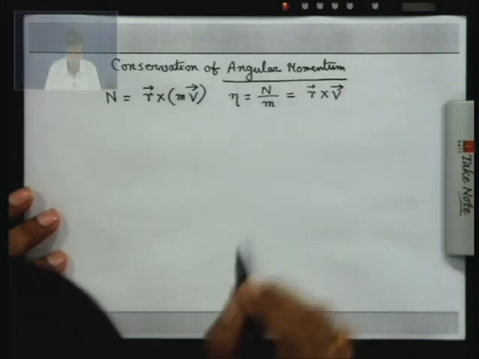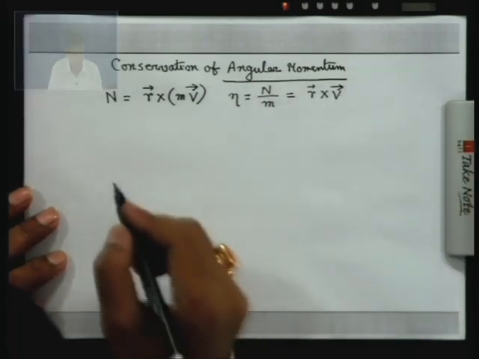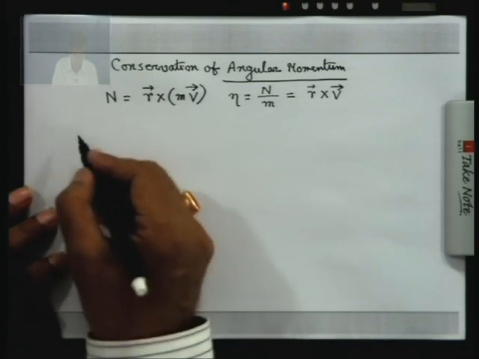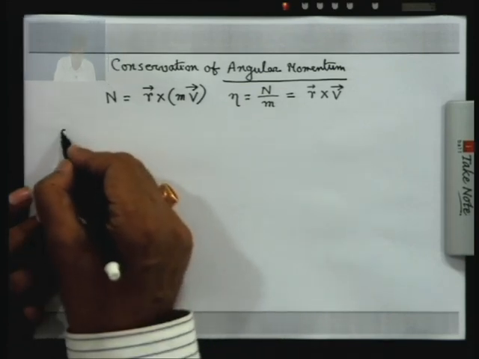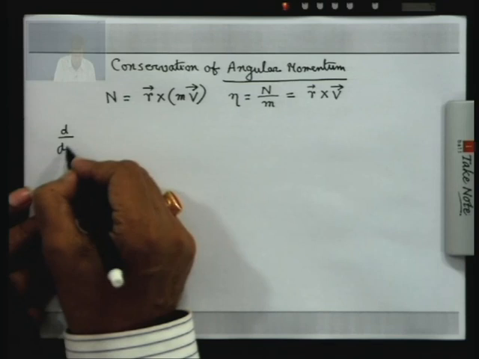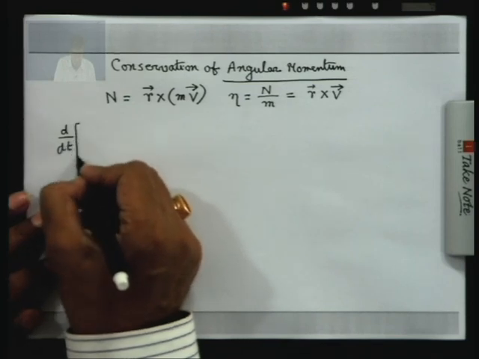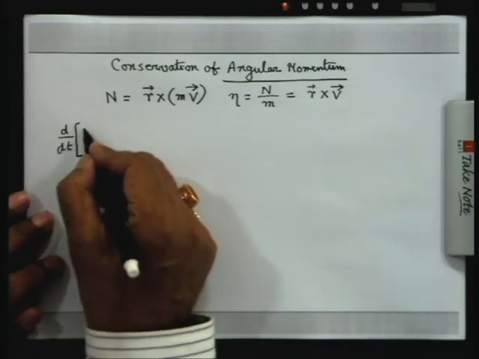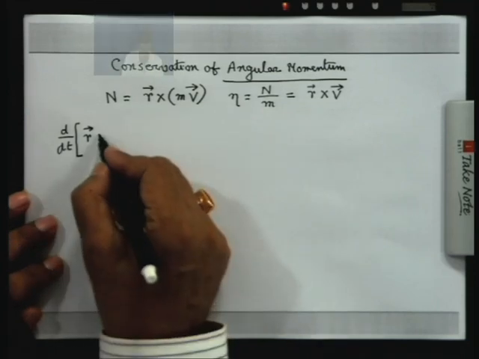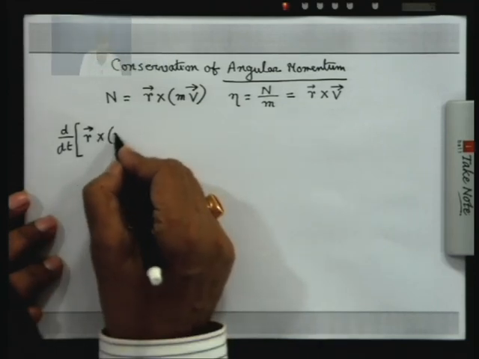Well, now if I write the Reynolds transport theorem, then it will be d dt of N, that is the angular momentum, r cross mv.